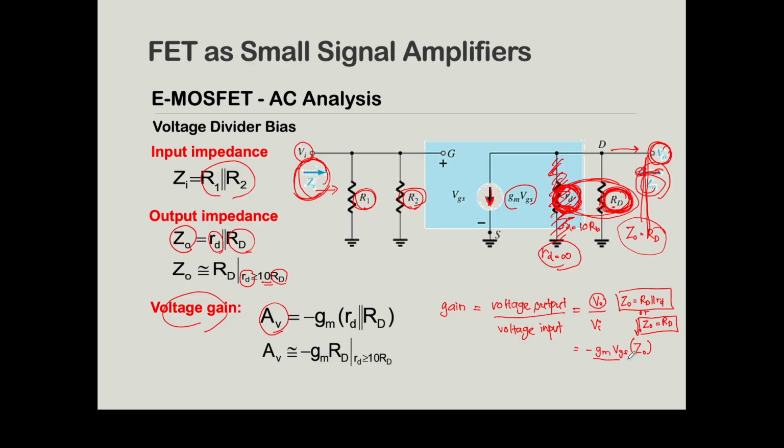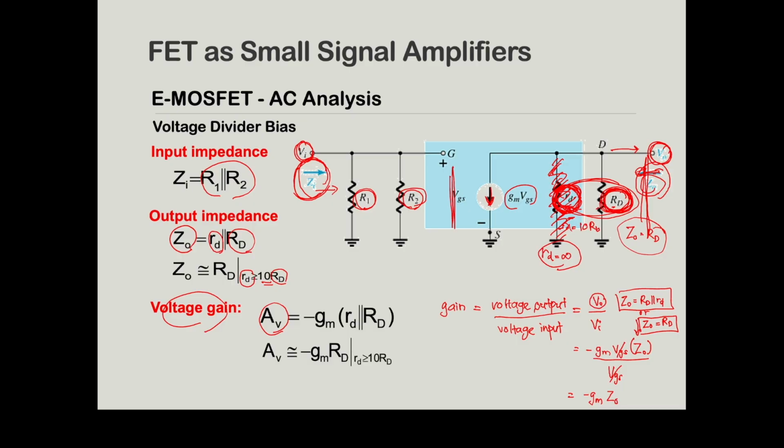This is divided by your V in. V in is equal to your VGS, so VGS and VGS cancel each other, leaving only negative GM Z out.